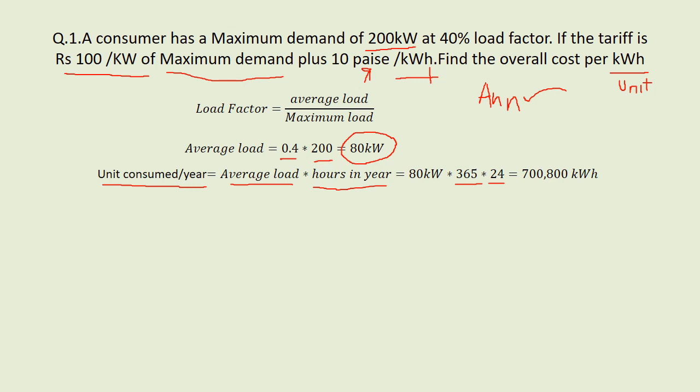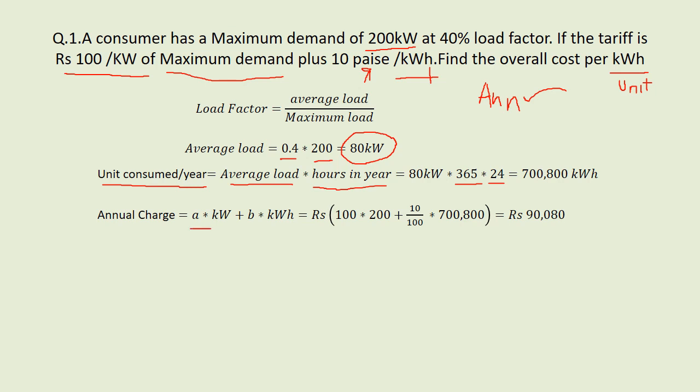Next is your tariff calculation. Here the tariff has two parts: 100 rupees per kilowatt of the maximum demand plus 10 paise per kilowatt hour. So the annual charge has two constants, A into kilowatt and B into kilowatt hour. This is the A part: 100 rupees per kilowatt of the maximum demand. How much is the maximum demand?